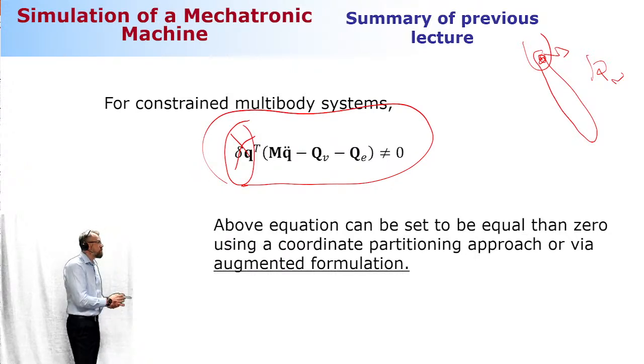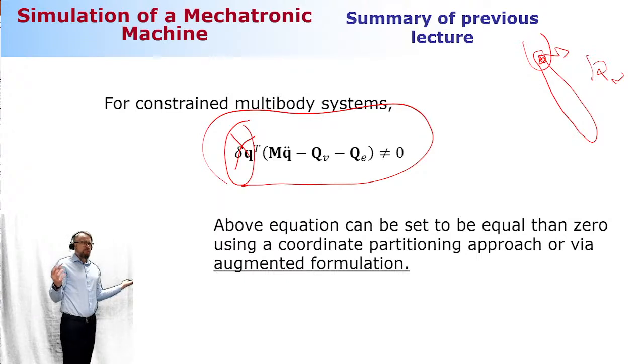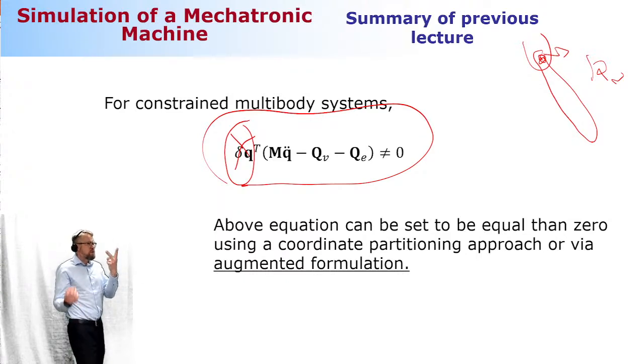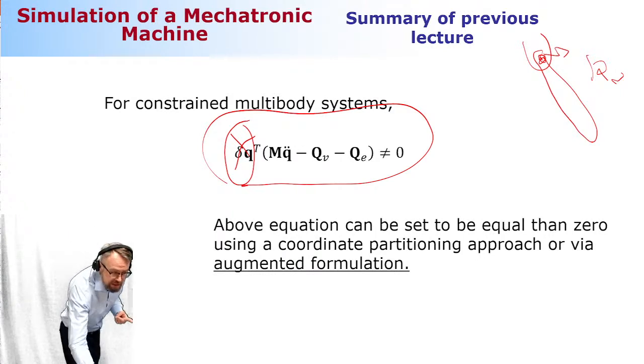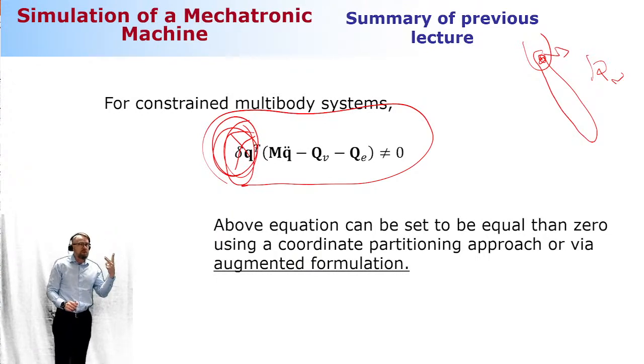If I were able to express the virtual displacement in a way that is kinematically admissible, then, and only then, I can set this equation to be equal to 0. So what are the ways we can force this to be equal to 0? There are 2 ways. We can substitute the constraints inside of the equation of motion, expressing it such that the constraints are accounted for.